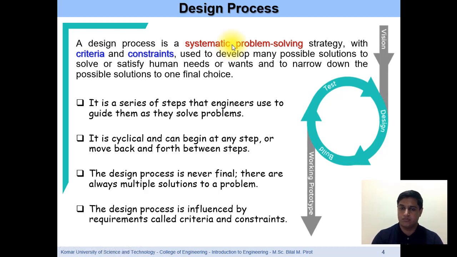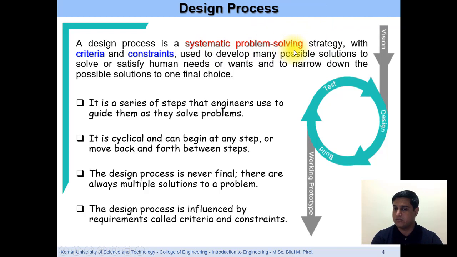We may have a problem. We must have a problem, because while you have a problem, then you are trying to find a solution for it. It means you are creating something new for solving this problem. So a design process is a systematic problem solving strategy.